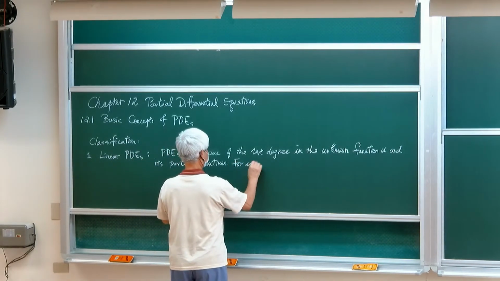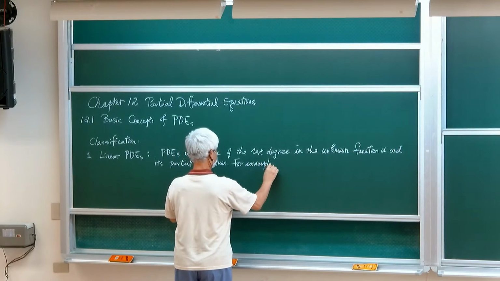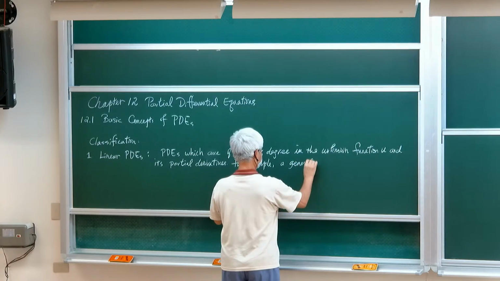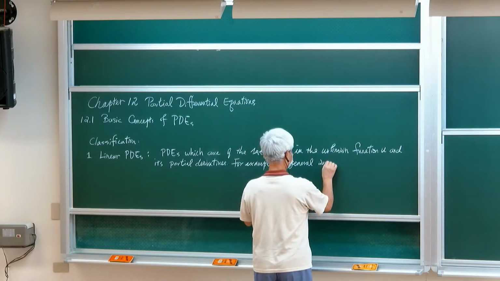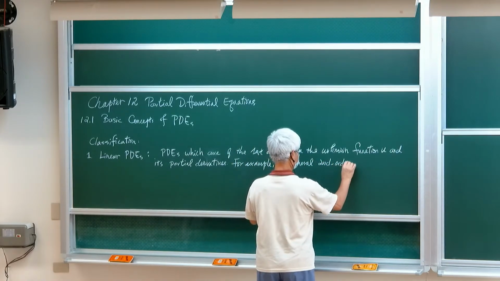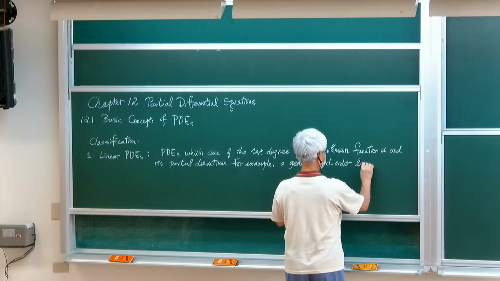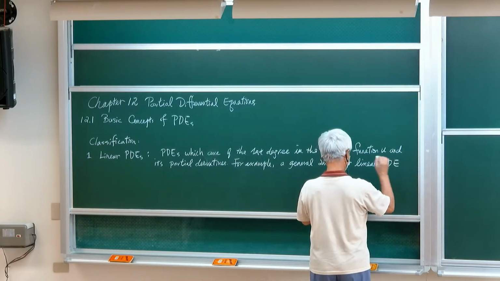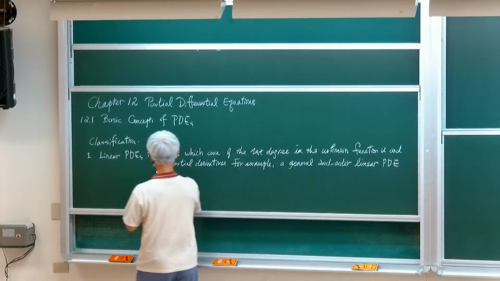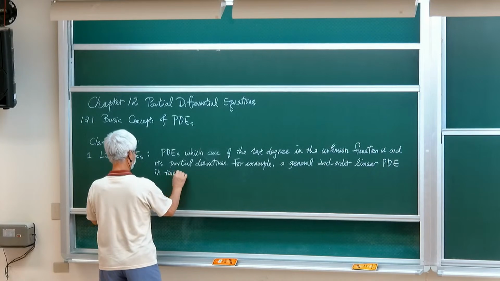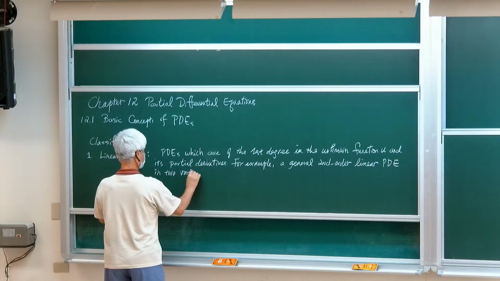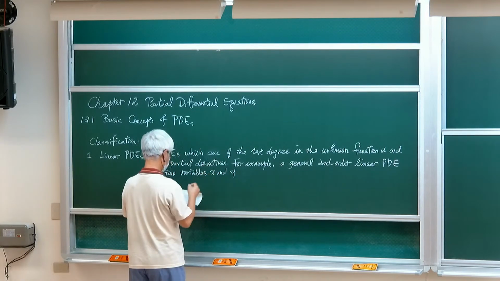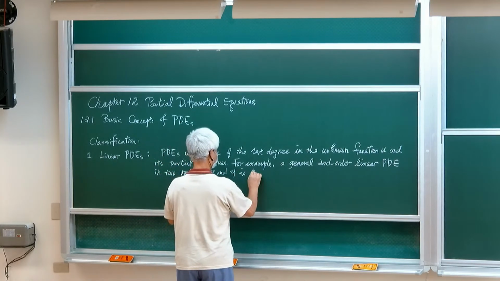For example, a general second order linear PDE in two variables x and y is of the form.